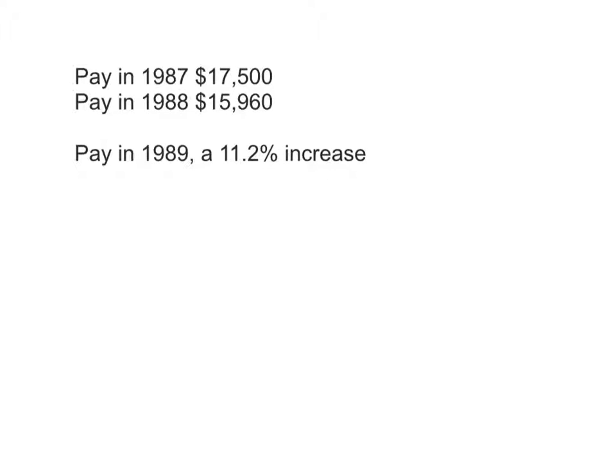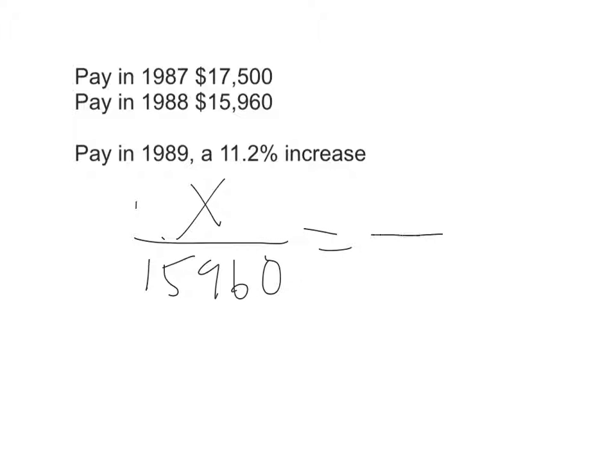Well, if I was making 15,960, one way that your elementary school teachers or your high school teachers might have showed you how to do this, here, let me move this around, is they might have had you do, okay, so the is number is 15,960. That's what my pay raise was going to be.